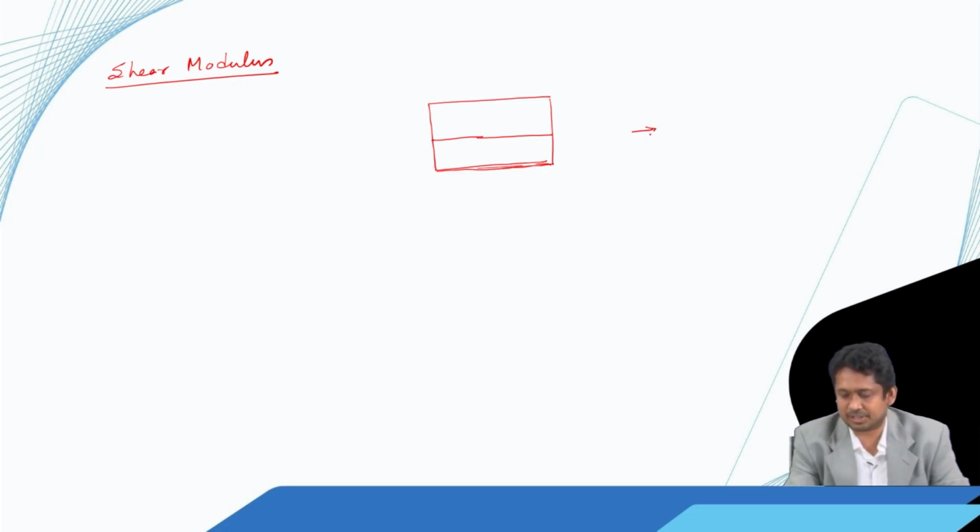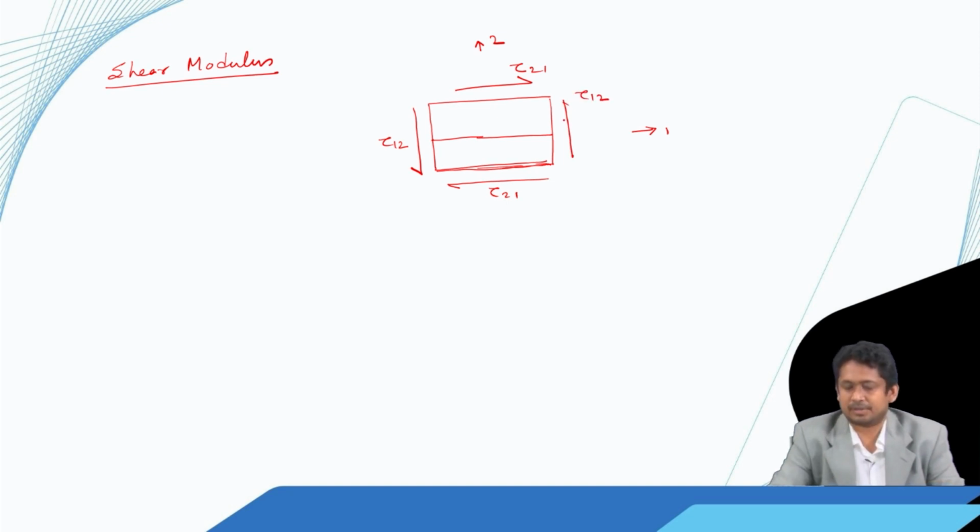This is direction 1, this is direction 2. Let us say that there is a shear load tau, this is tau 2 1, tau 2 1, tau 1 2, tau 1 2.